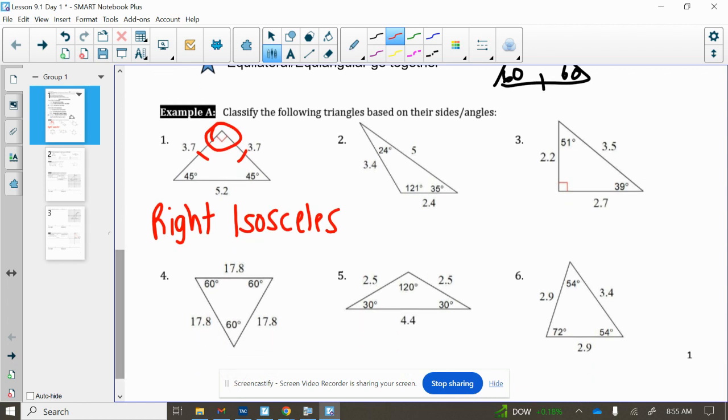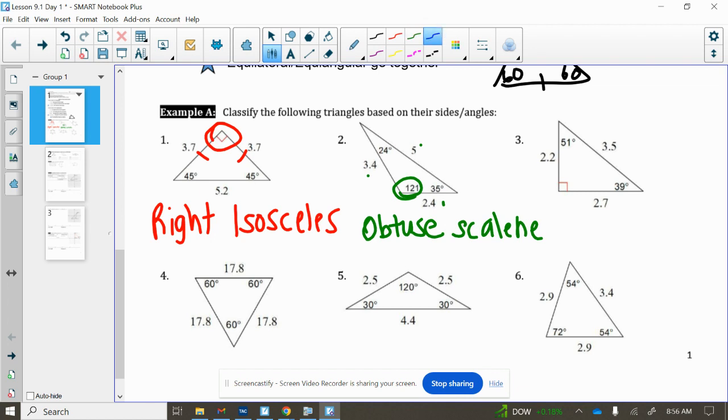Number 2, we have an angle that is larger than 90 degrees, so this is obtuse, and none of the three sides are the same. So we would call this obtuse because the angle is greater than 90, and then scalene because none of those three sides are the same.